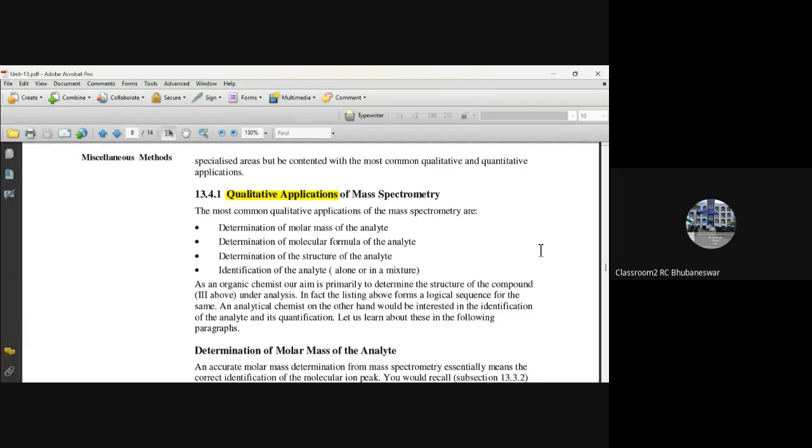So the most common qualitative application of mass spectrometry is the determination of the molar mass of the analyte, because as I was telling you, every spectroscopy has its own specificity and selectivity. Mass spectrometry is capable of determining the molecular mass of the analyte.